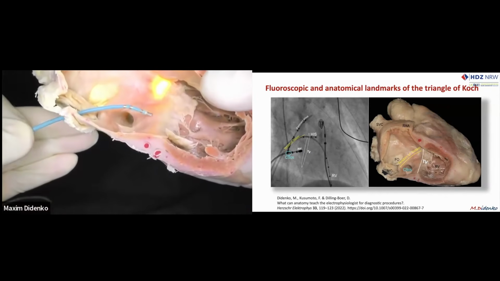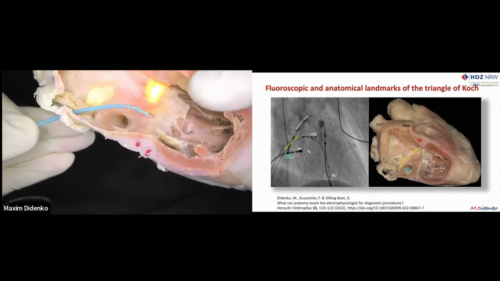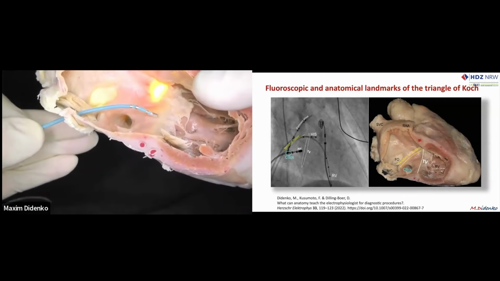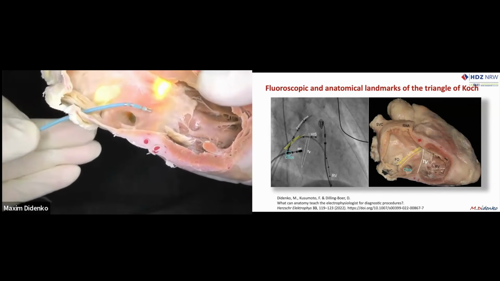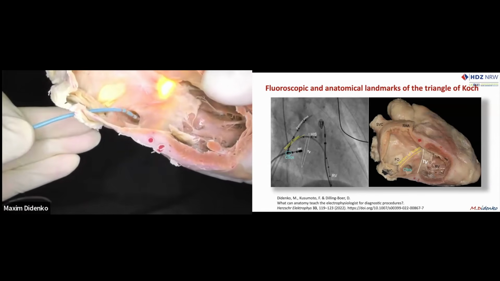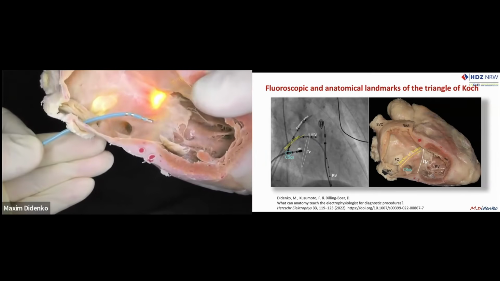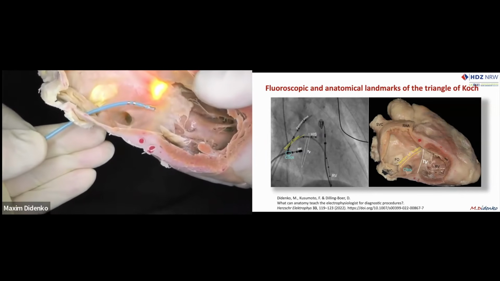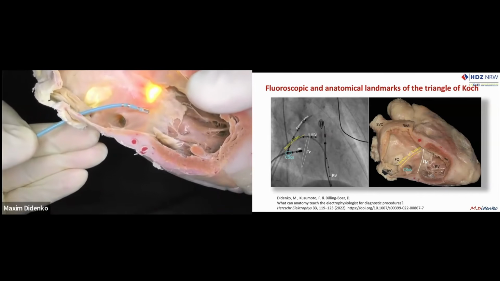You probably know that in pediatric practice, it's also described in several publications that it can be done like a line in this area between the tricuspid valve and the coronary sinus. Of course, we can go higher, but then we will increase the risk of AV block and damaging the fast pathway or AV node.